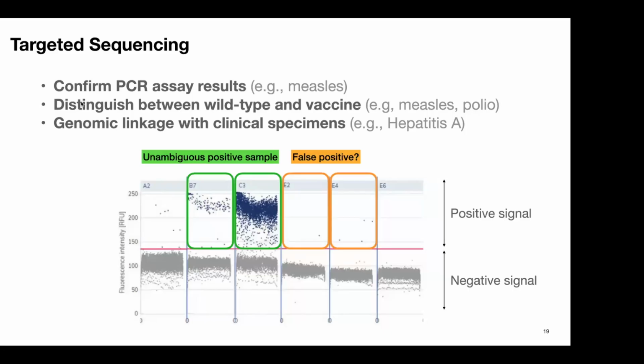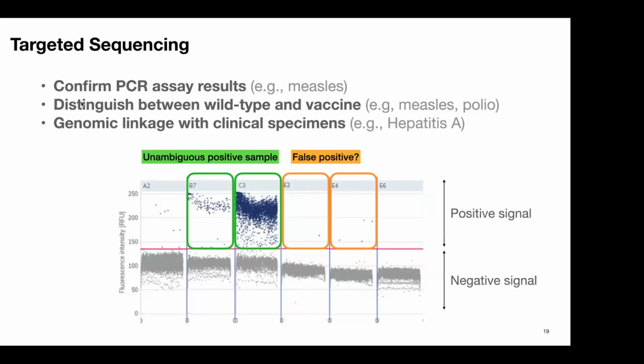Sequencing can also allow to distinguish between wild type and vaccine, and that's the case for measles as well as for polio. Because the assay that is used to quantify polio does not distinguish between the variants, the wild type, and the actual vaccine.